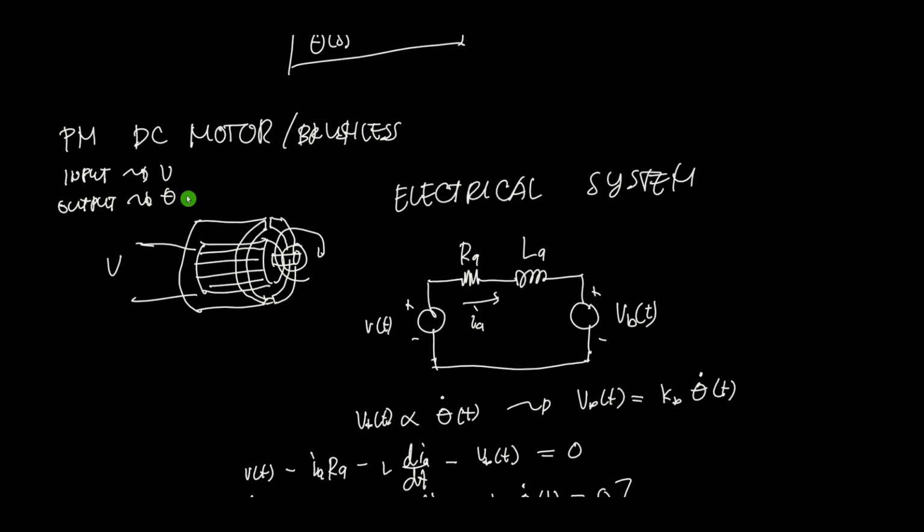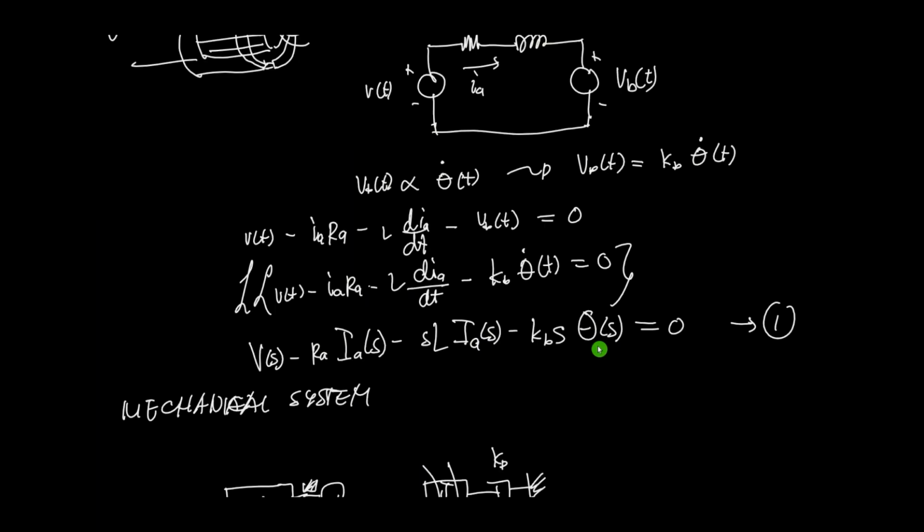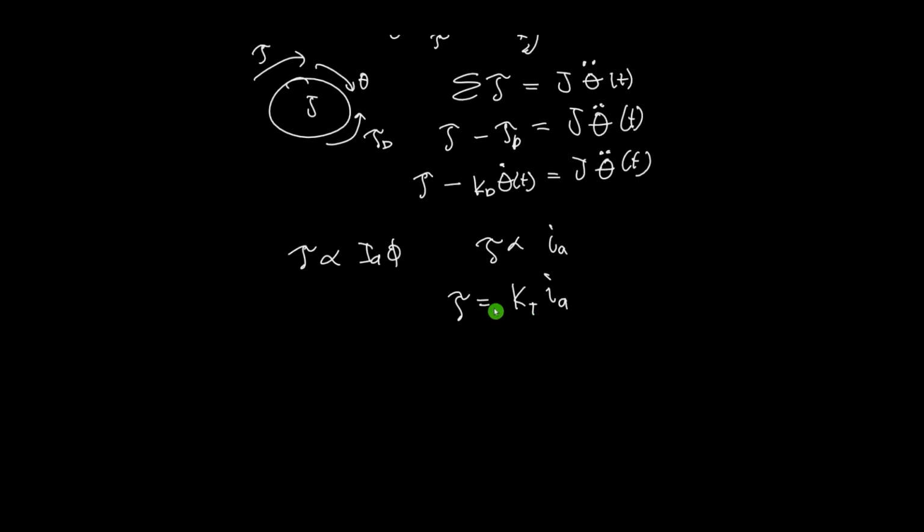You can just change the formula later on. So I need to substitute this in this equation so that the torque disappears. This will be KT times i_a minus KD theta dot in the time domain, equal to J theta double dot of t. Then I can now apply the Laplace transform.